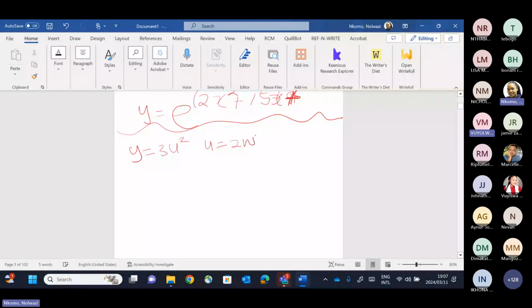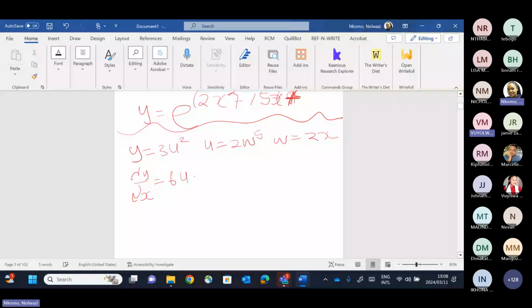Then your answer is dy over dx. When I differentiate y, dy over du, I get 6u. No, it's dy over du. That is 6u.